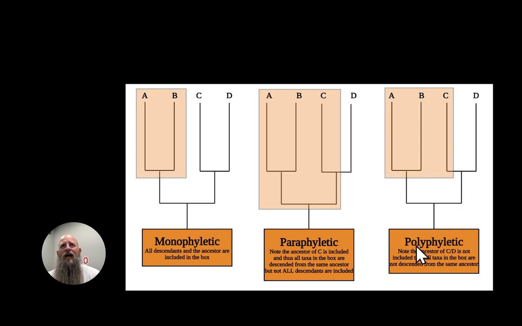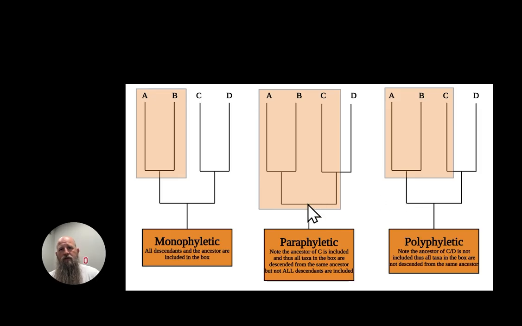Now, if something is polyphyletic, it is the descendants, but not the common ancestor, right? So here we have A, B, and C, and this common ancestor, but notice we do not include this common ancestor here, which makes it polyphyletic, right? So the difference between polyphyletic and paraphyletic is whether or not that common ancestor is included.